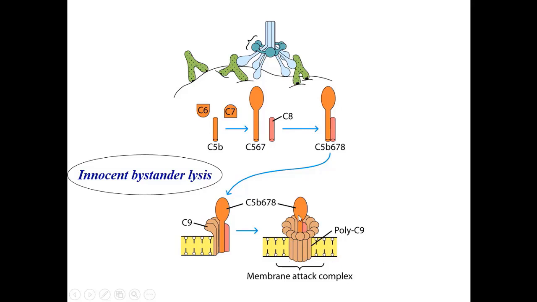And this hole is called membrane attack complex. And this pathway from cleavage of C5 into C5a and C5b until the formation of MAC is called MAC pathway or membrane attack complex pathway.